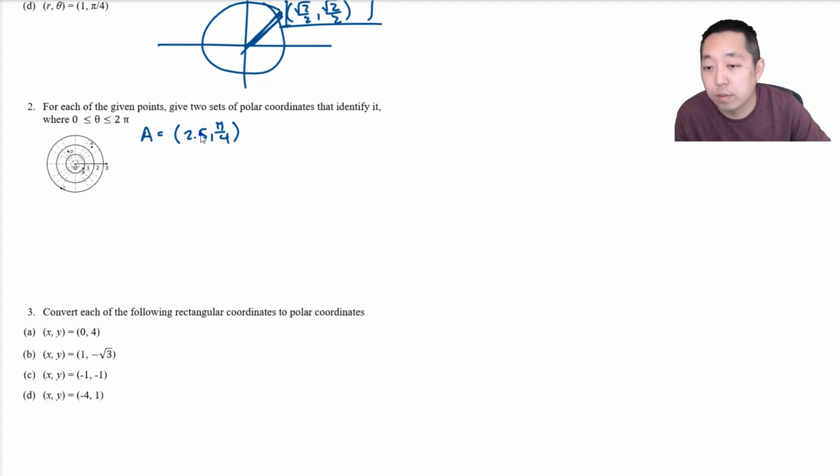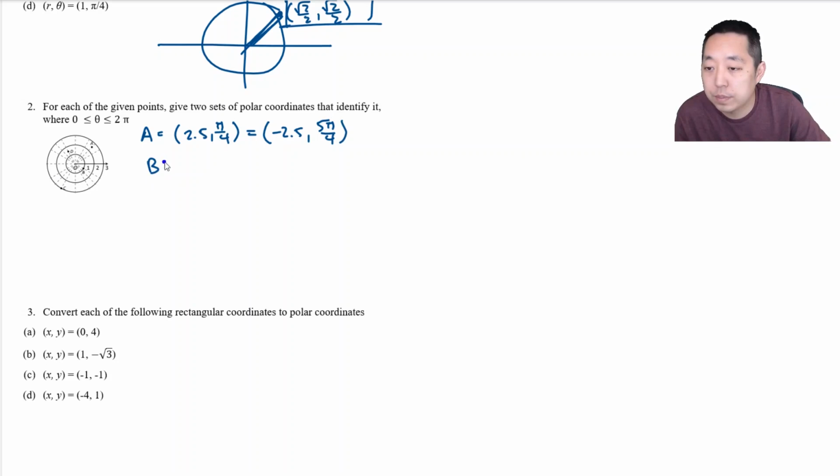If I look at this as pi over 4, I think from their picture. But you could also think of it from the other side. I could go to this angle down over here by adding pi, so 5 pi over 4, and make the radius negative to flip to this side.